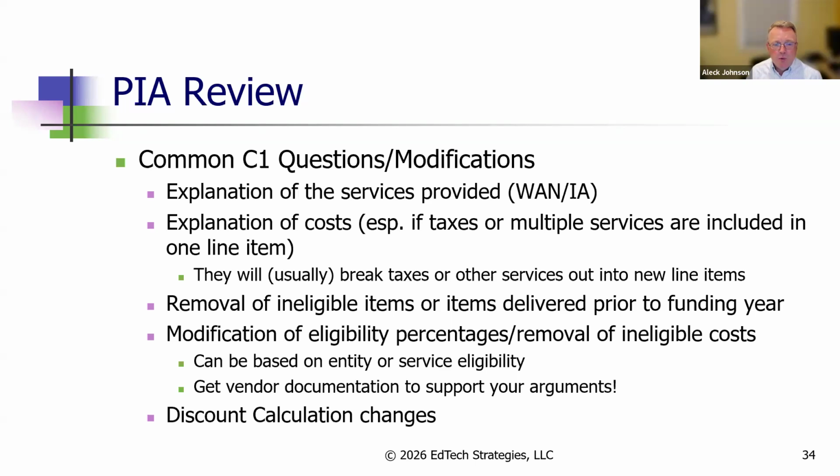You can work with your vendor to support your arguments for what's eligible and what's not. So please be sure that you talk with your vendor if you are running into issues around the eligibility of services. You can also reach out to me or Kate, and we'll be happy to help you.